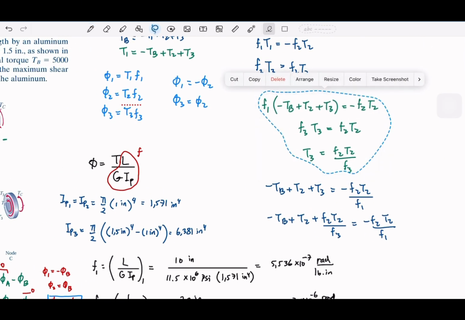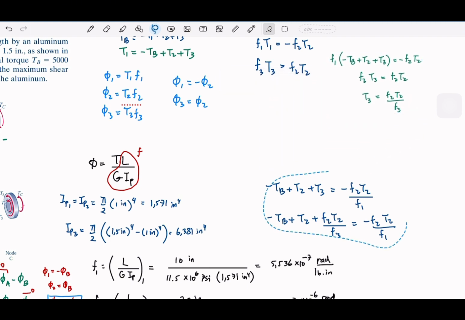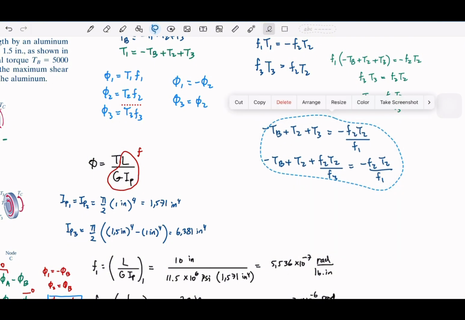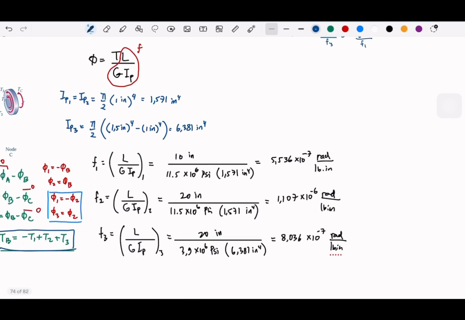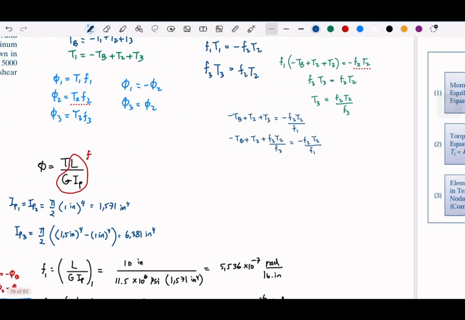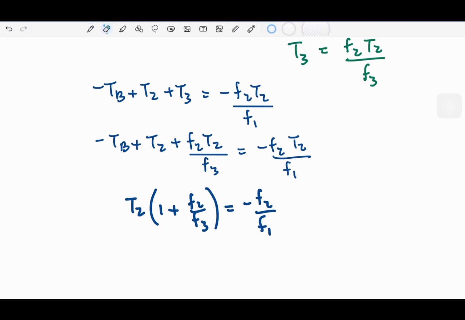But basically, you're going to solve the equations. Well, you could always take the equation with the calculation for each one of the F1, the small F1 here. Well, I would like to just solve the equation first. So this will be T2 times 1 plus F2 over F3. This is negative F2 over F1 T2.